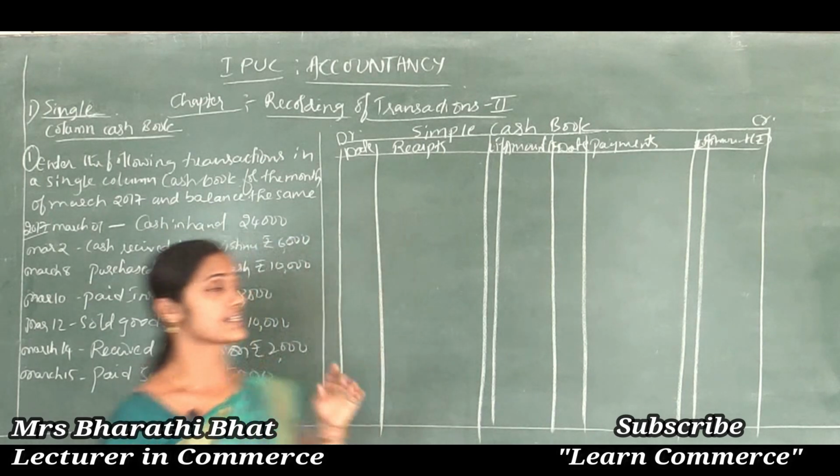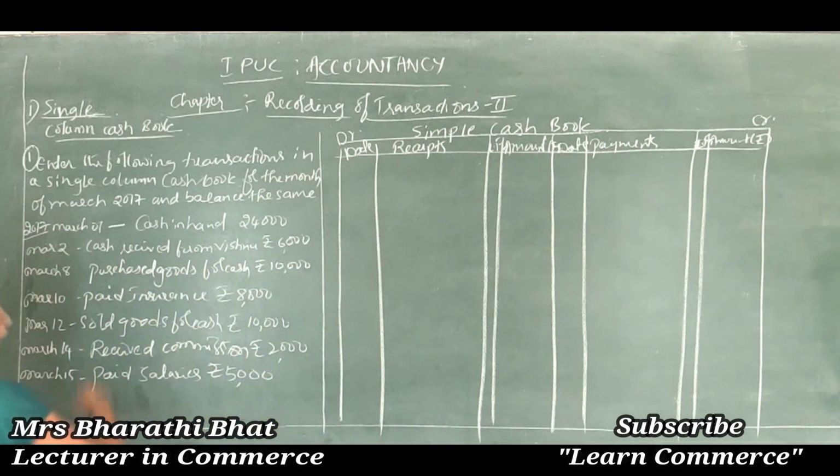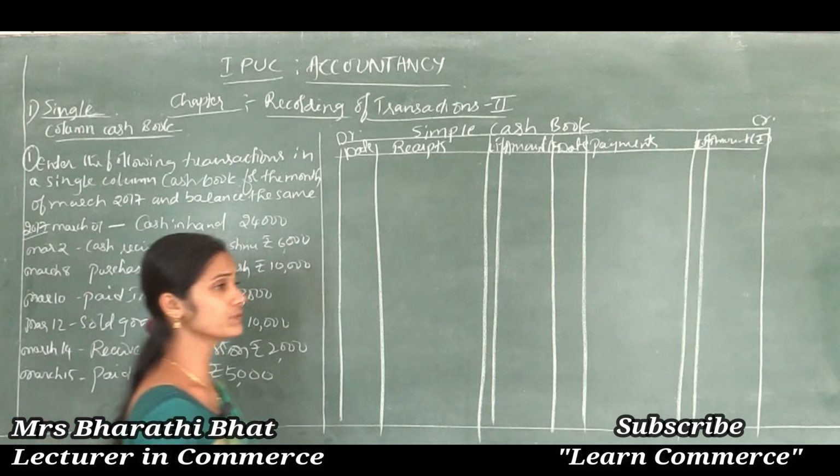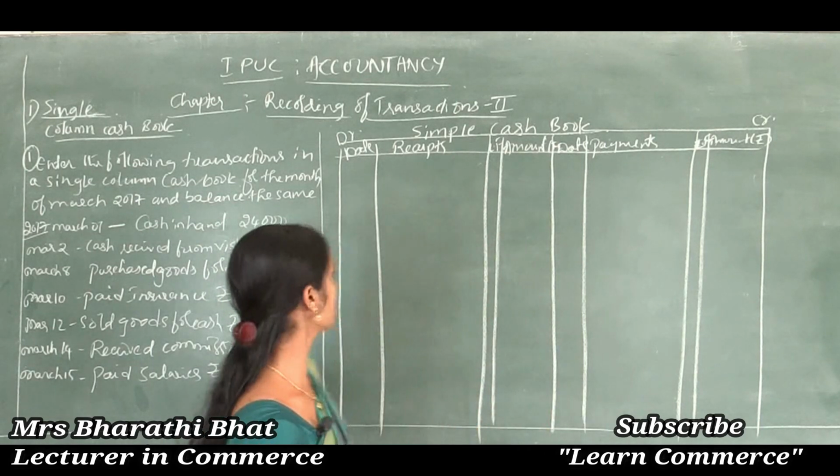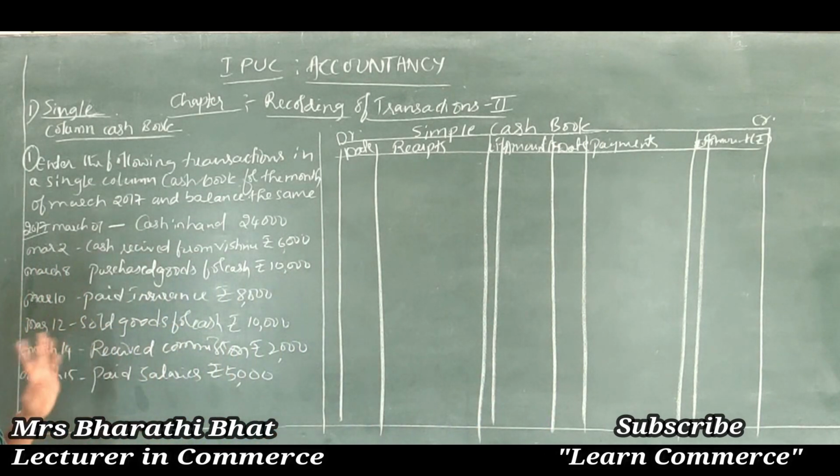Okay, let's see the question. Enter the following transactions in a single column cash book for the month of March 2017 and balance the same. Usually these cash books are prepared on a monthly basis, that's why March 2017.